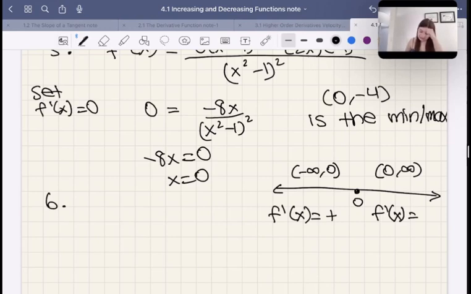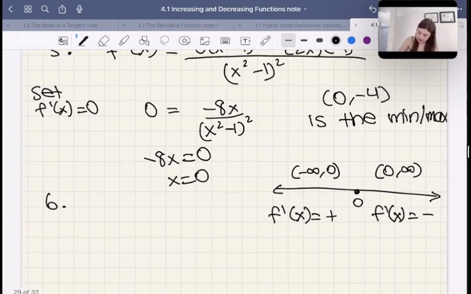And then over here, if I put in something negative, I will get something positive. So this goes for all those points on the interval, except for the asymptote. So I should mention that it excludes asymptotes.